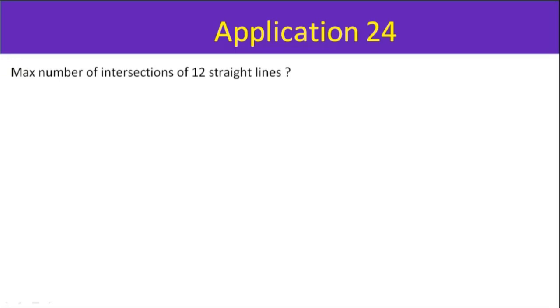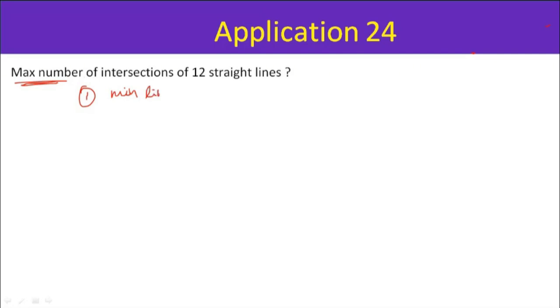Because the question says maximum number of intersections, the method always is, first of all, try to draw the diagram and then visualize: for the minimum number of intersections, how many straight lines do you need? So step one, always try to think in this direction. How many minimum lines, because you have to find the maximum number of intersections, right? So you will try to maximize the number of intersections with the minimum number of lines.